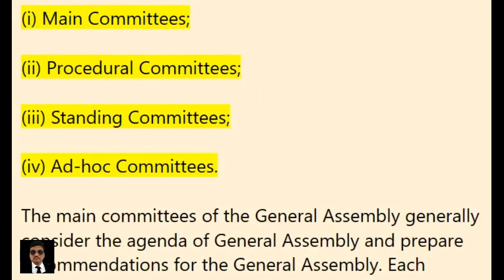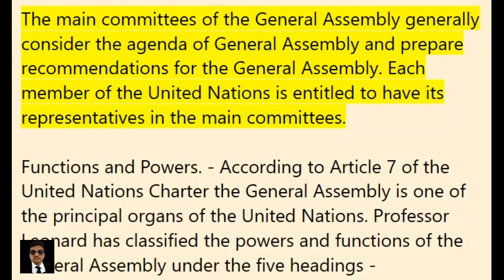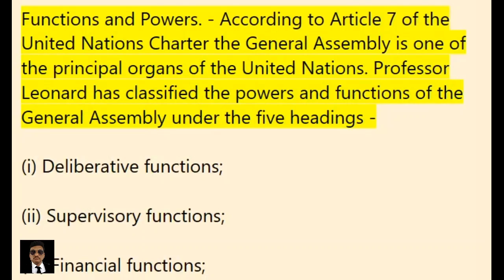The main committees of the General Assembly generally consider the agenda of the General Assembly and prepare recommendations for the General Assembly. Each member of the United Nations is entitled to have its representatives in the main committees. Functions and powers. According to Article 7 of the United Nations Charter, the General Assembly is one of the principal organs of the United Nations.